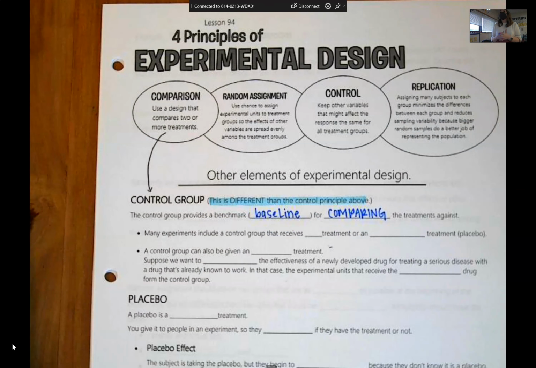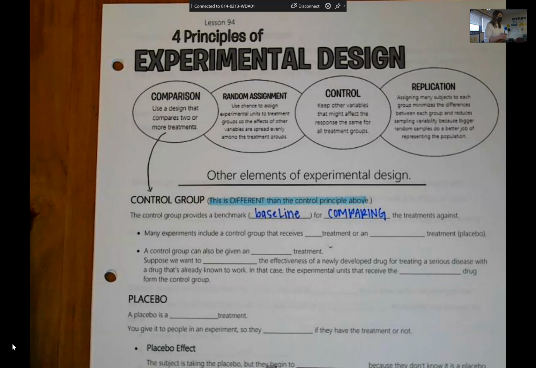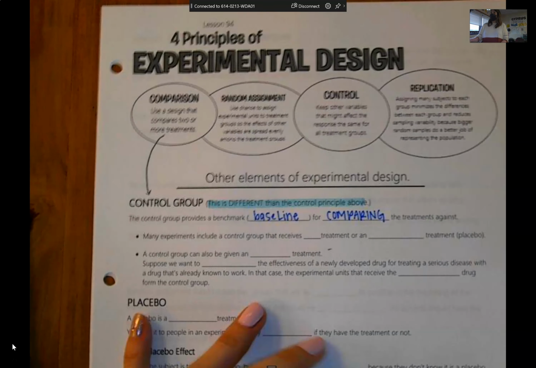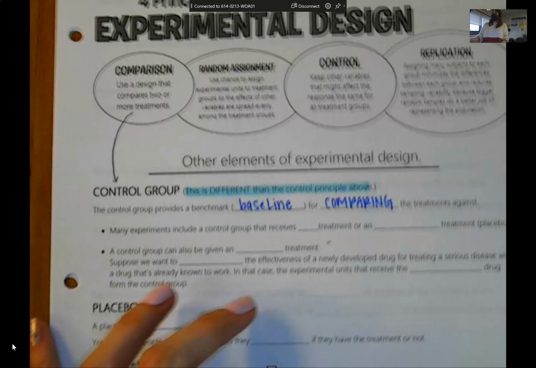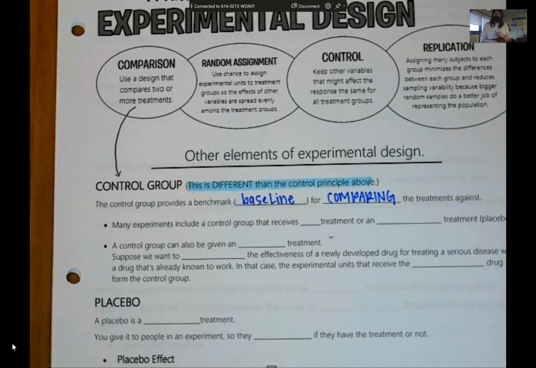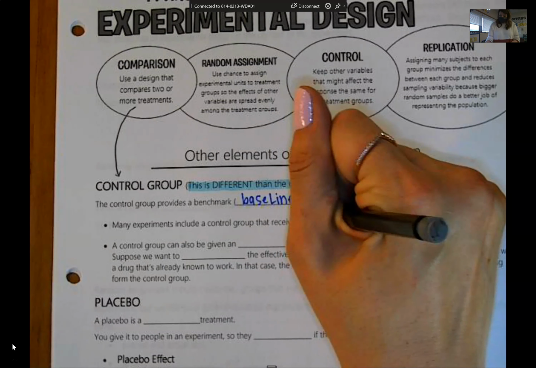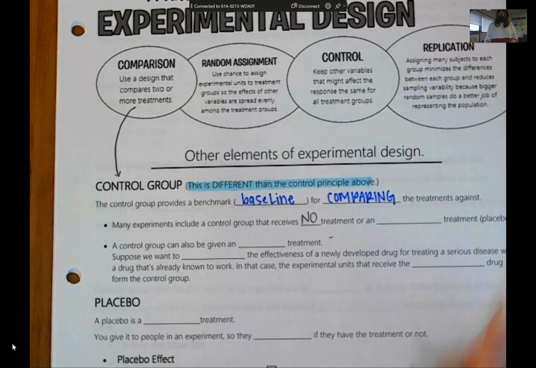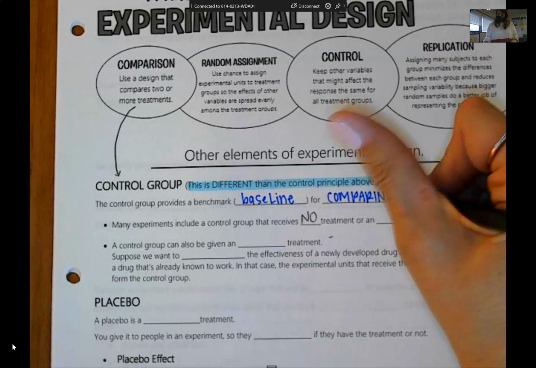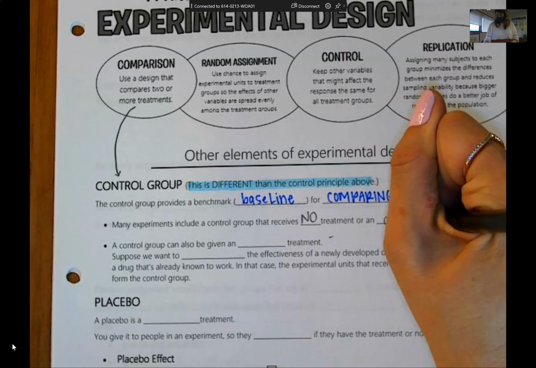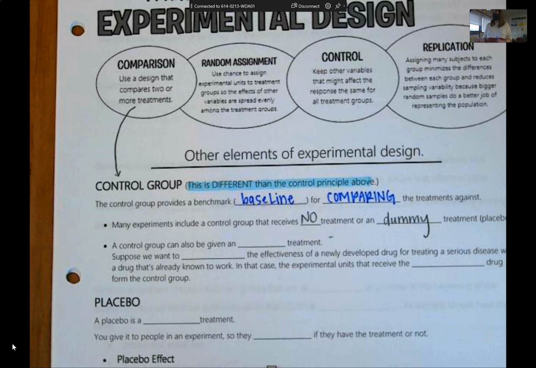We want to have a control group. So there are 2 common types of control group that we can have. Number 1, we could have an experiment that includes a control group that receives no treatment, or a dummy treatment, which is called a placebo.